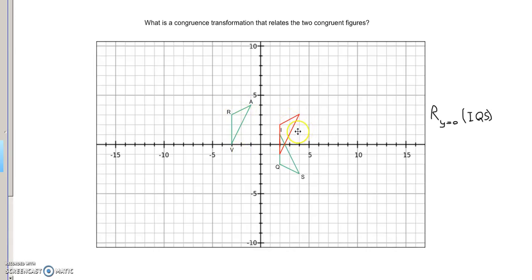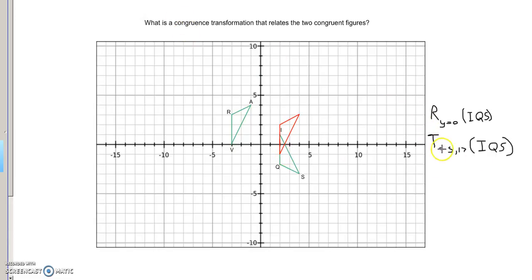The answer would be just to translate it 1, 2, 3, 4, 5 negative units in the x direction, and then move it up positively 1 unit in the y direction. That will get us our congruence transformation, right? So that would look something like this.